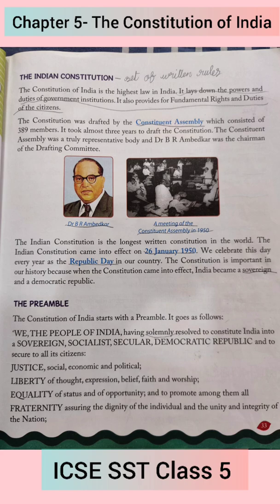The Preamble. The Constitution of India starts with the Preamble. It goes as follows: We, the people of India, having solemnly resolved to constitute India into a sovereign, socialist, secular, democratic republic, and to secure to all its citizens justice, social, economic, and political liberty of thought, expression, belief, faith, and worship, equality of status and of opportunity, and to promote among them all fraternity, assuring the dignity of the individual and the unity and integrity of the nation.